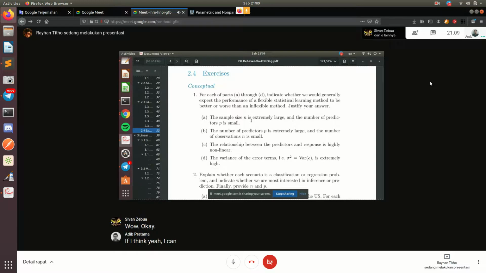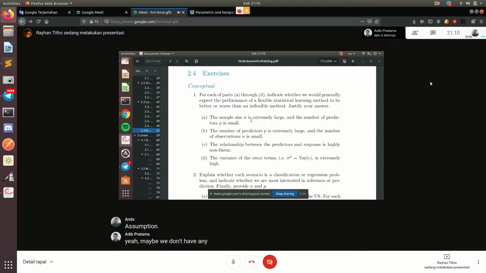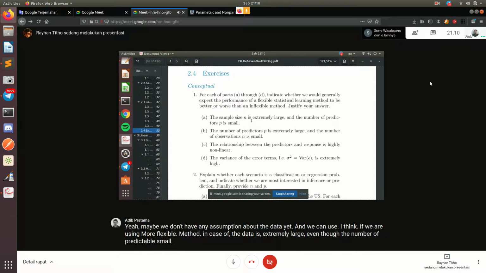I can see your point that with a small number of features it might be simpler to learn, with fewer assumptions. But if we use a more flexible method when the data is extremely large, even though the number of predictors is small, in my opinion it will perform better than an inflexible method.